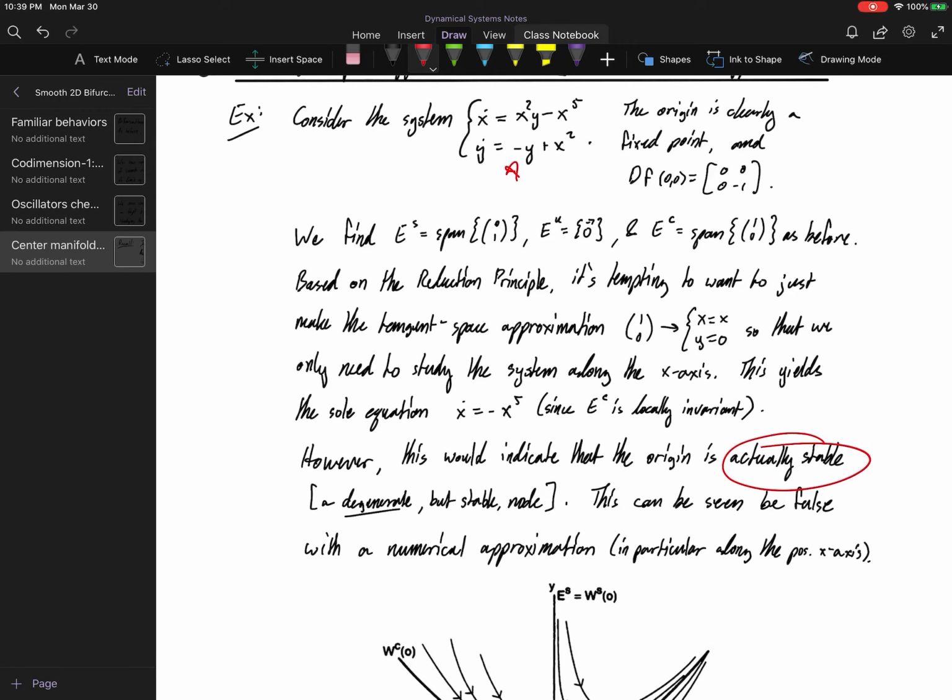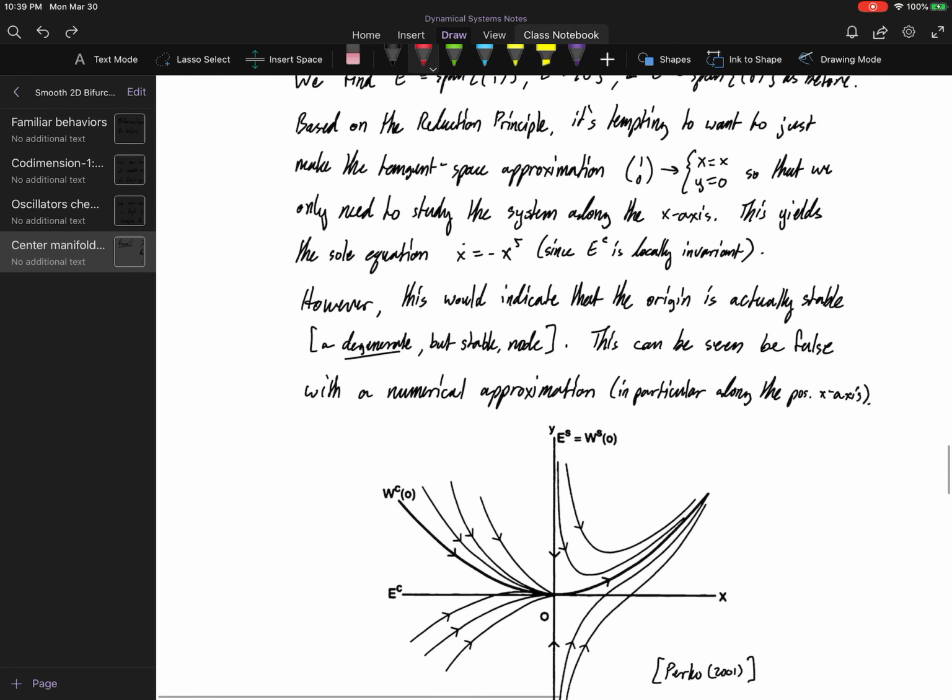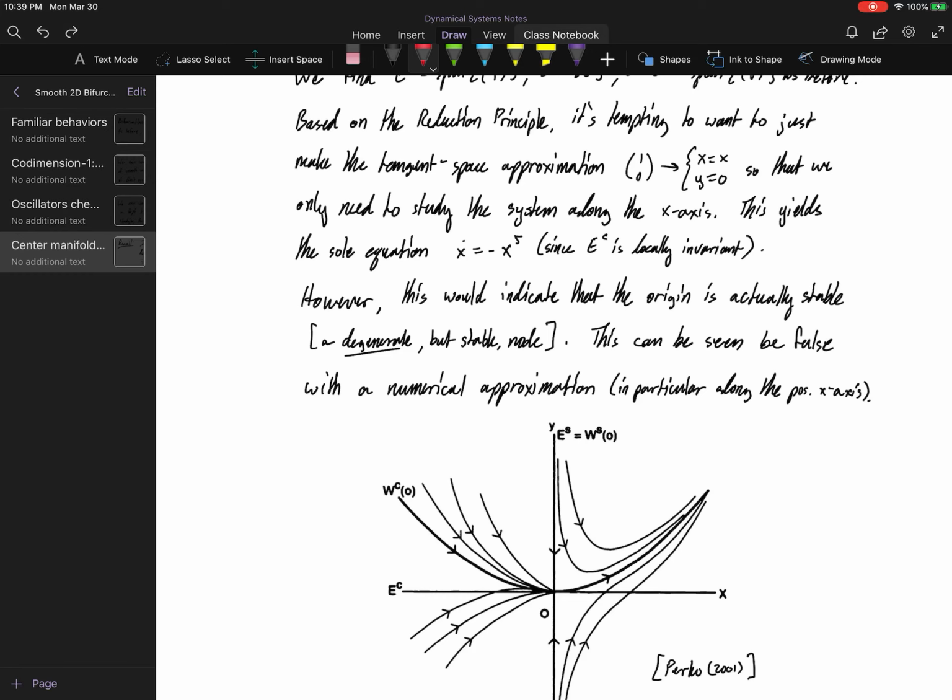Specifically, this would mean that the origin is degenerate, but stable. You get a high order of contact. What is it, 4th or 5th degree contact? 5th order contact, because it's up to a 5th degree polynomial.